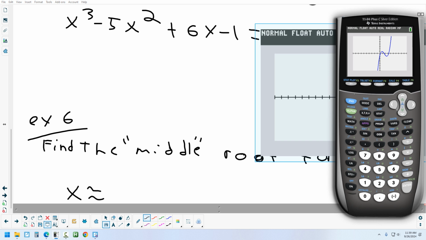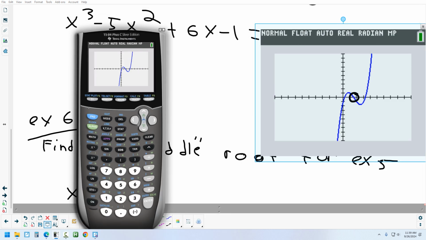So you're going to do second calc 0. Pick a point to the left, and again, if you look at your y value, when you pick one of the points, your y value should be positive because it's on one side of the 0. And the next time, it needs to be negative. If it's not, you're going to get an error. Okay. So my y value is positive.